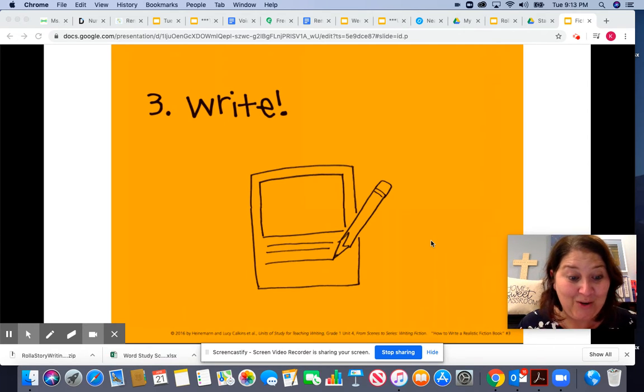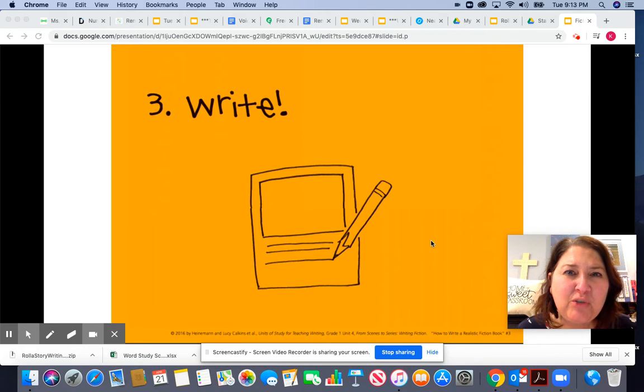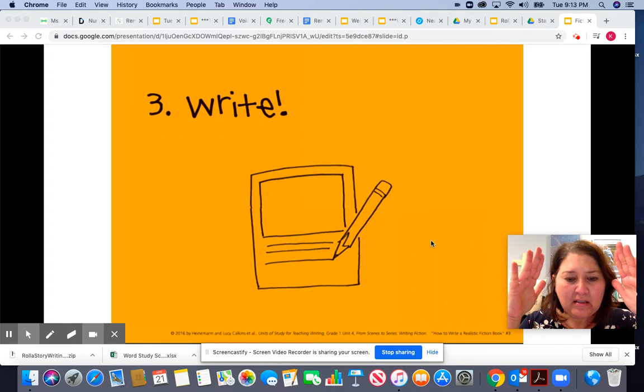So first graders, today and the rest of this unit, as you're writing, if you get stuck, just like Miss Komrosky got stuck, if you get to a point in writing where you feel you need help, I want you to stop and pause and think.